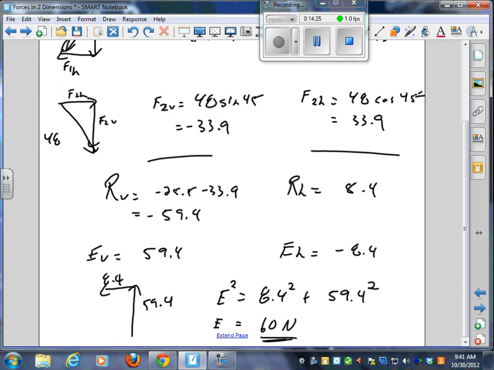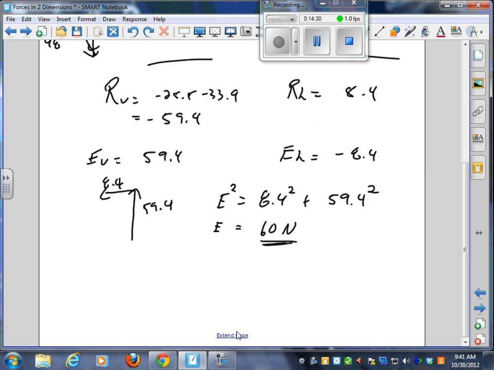Exactly 60 newtons. And of course we need an angle. Opposite over adjacent. 8.4 over 59.4. 8 degrees. Does that seem about right? Yeah.